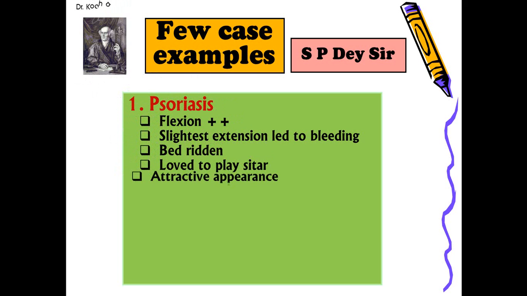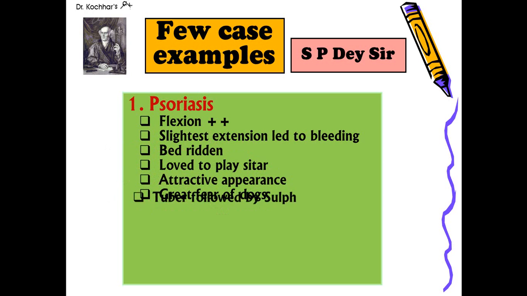His personality was: loved to play the sitar, attractive appearance, and great fear of dogs. On the basis of that, Sir gave Tuberculinum, which was followed by Staphylococcus aureus, and there was a wonderful response in that patient. So here, where is the skin?